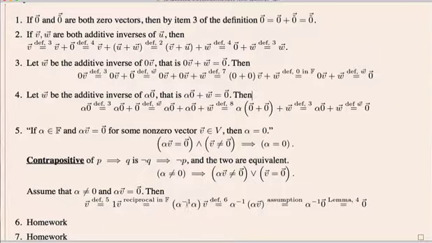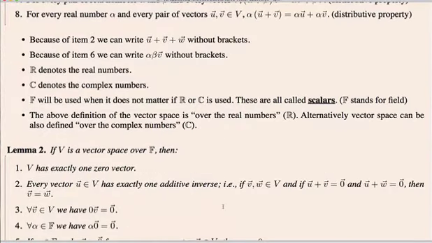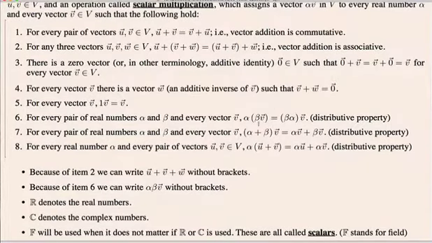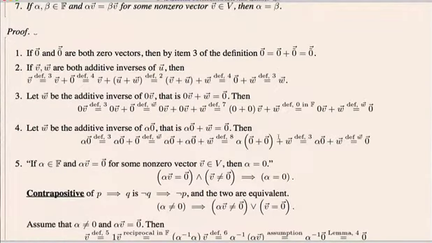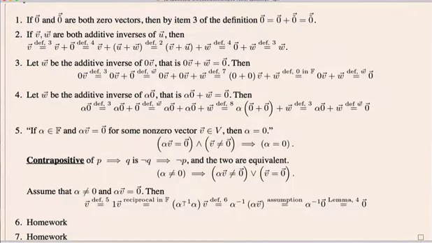We can write this as alpha to the negative 1 times alpha, and the product equals to 1. And then definition property 6 says that we can distribute this scalar multiplication. So that means that we can write alpha inverse alpha, which is 1, times v, as alpha inverse times alpha v.